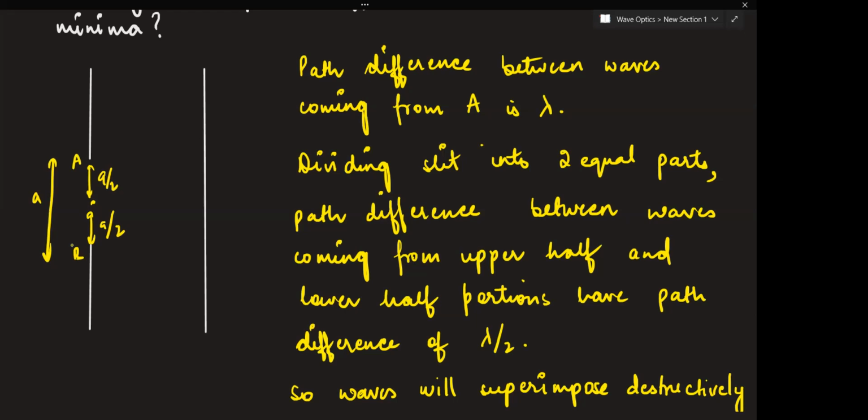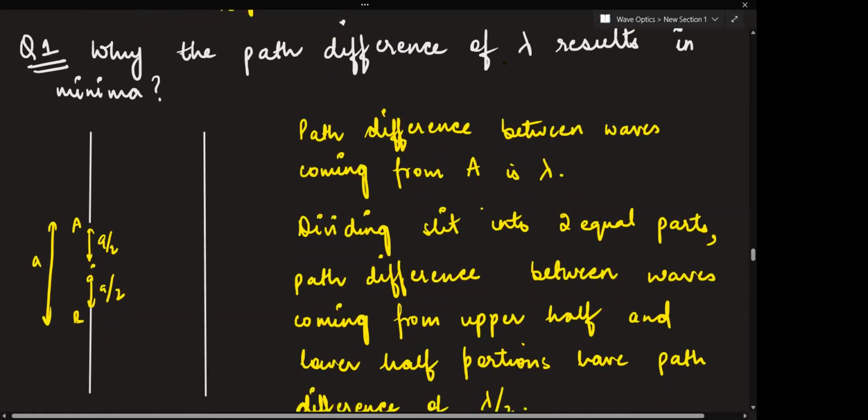So the wavelets from the two halves reach this point on the screen in opposite phases, so they interfere destructively to produce a minimum, or minima. Lambda is the wavelength given to you. Why have we divided it into only two parts? Because we have to divide it in such a way that we get lambda by 2, so we divide it into two equal parts.